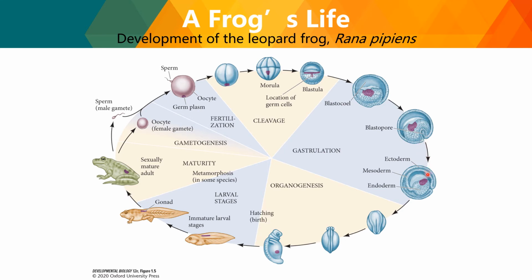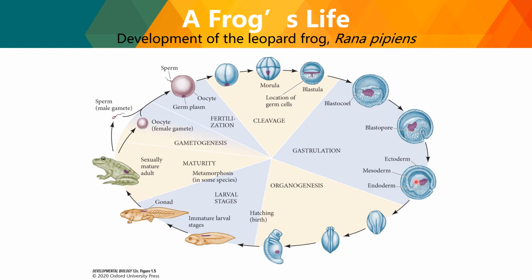At the end of the gastrulation process, you will already see the development of the three primary germ layers. So again, the ectoderm is more on the outer part, the mesoderm is the inner part, and the endoderm is more likely to produce tissues, organs or tissues in the body.